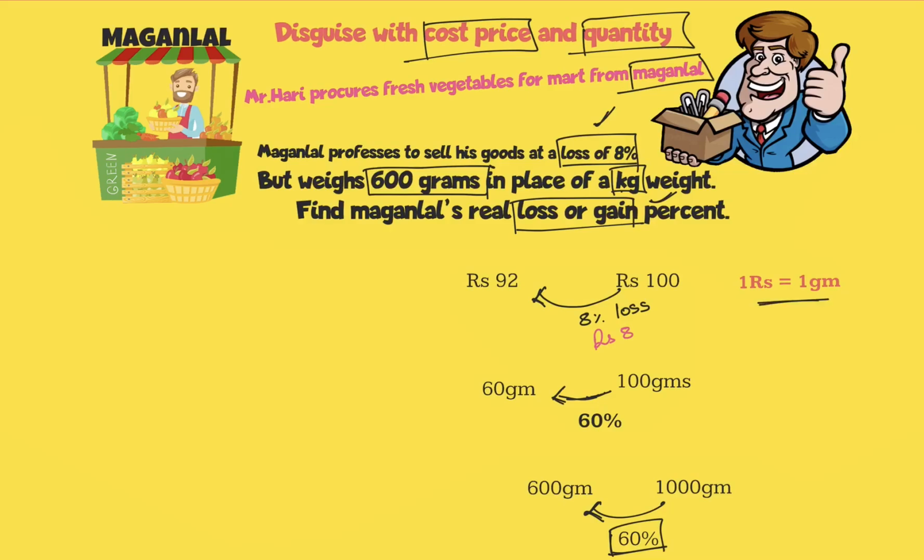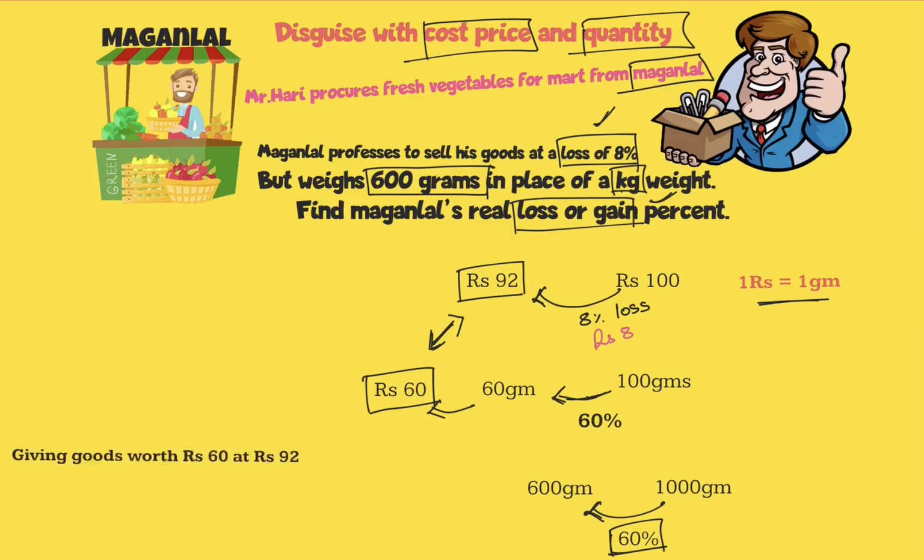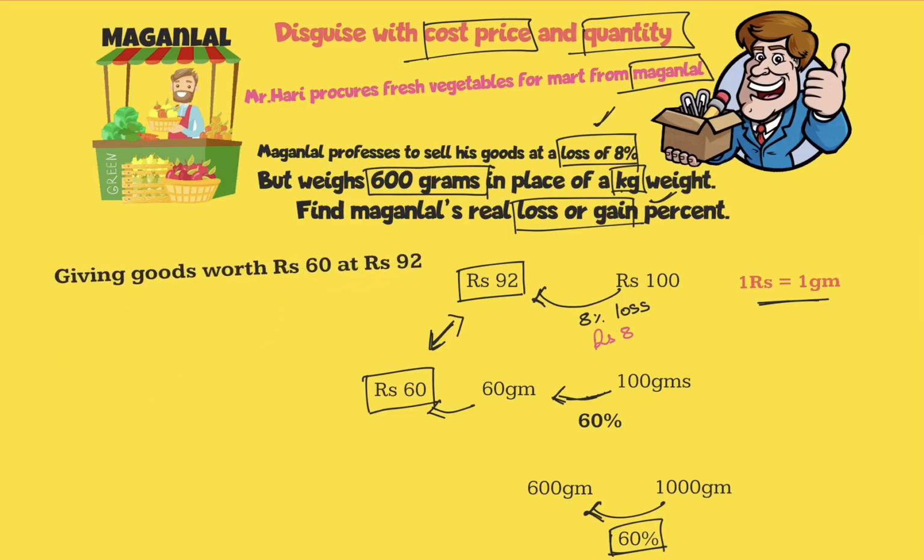And since 1 gram is equal to 1 rupee, you get goods worth only rupees 60. So what is the cost price to him? He gave you goods worth rupees 60, which is 60 gram, for rupees 92.